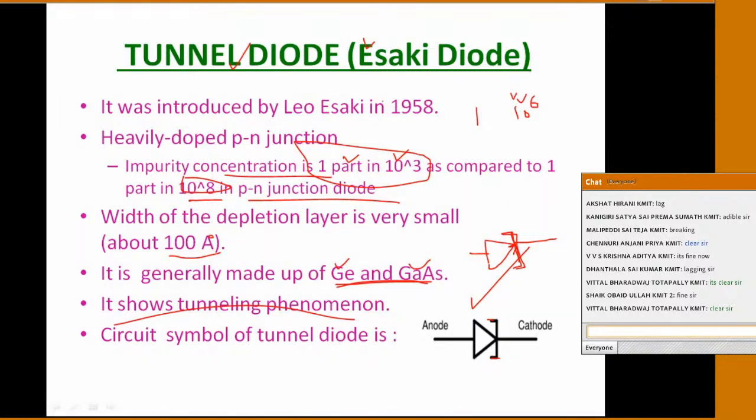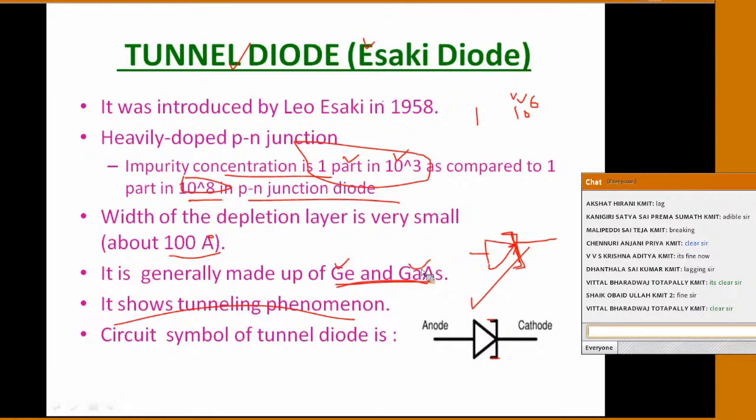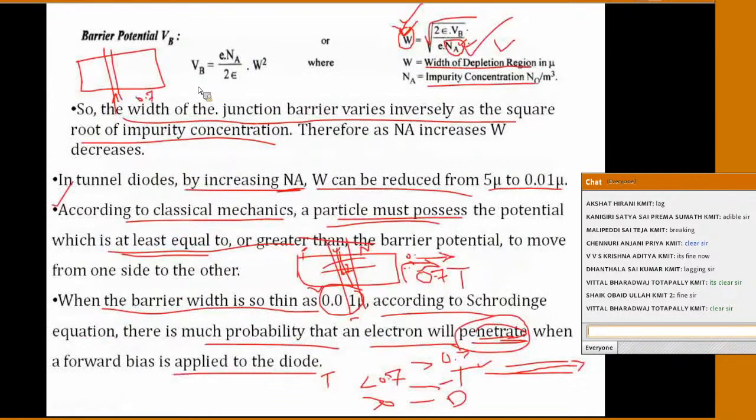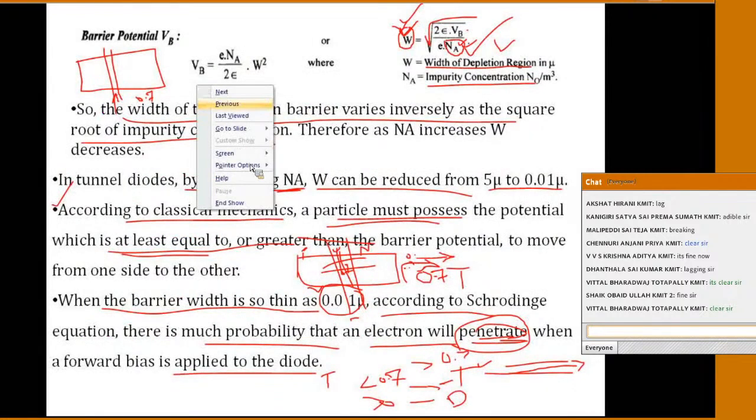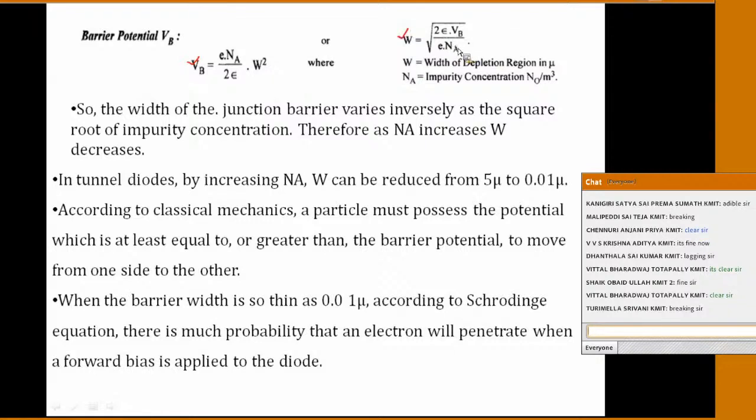The width of the depletion region mainly depends on the impurity concentration. This is the barrier potential VB, given by this expression. The width of the depletion region is inversely proportional to the square root of the doping concentration.